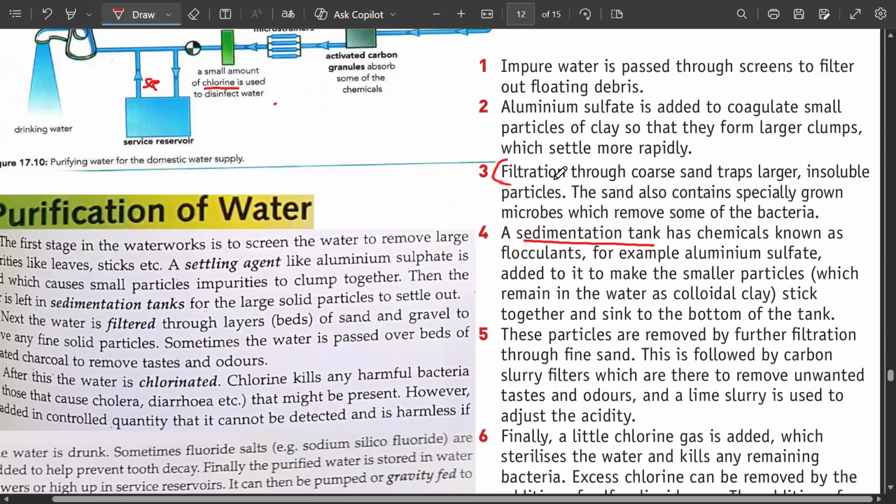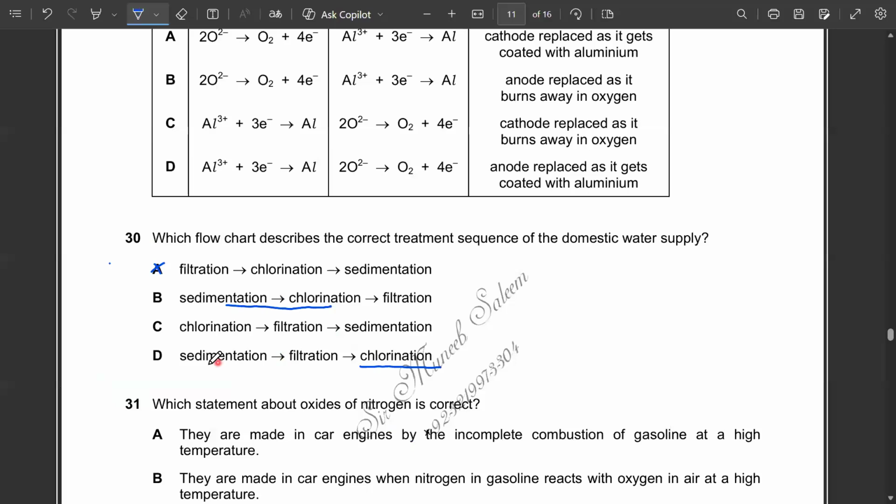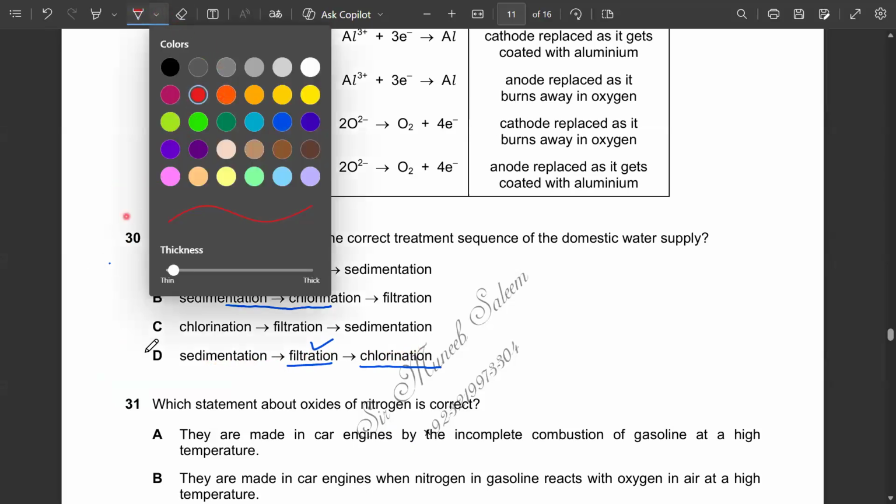Filtration is just before it and after it. So if we come back to the question, we can see that sedimentation is preceded by filtration. So that is the correct sequence. And after filtration is chlorination, because chlorination is only the last step. So for this reason, D is the correct option.